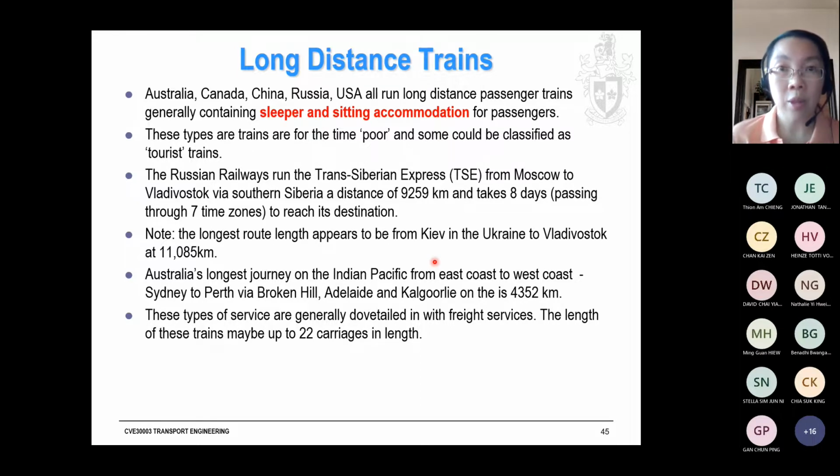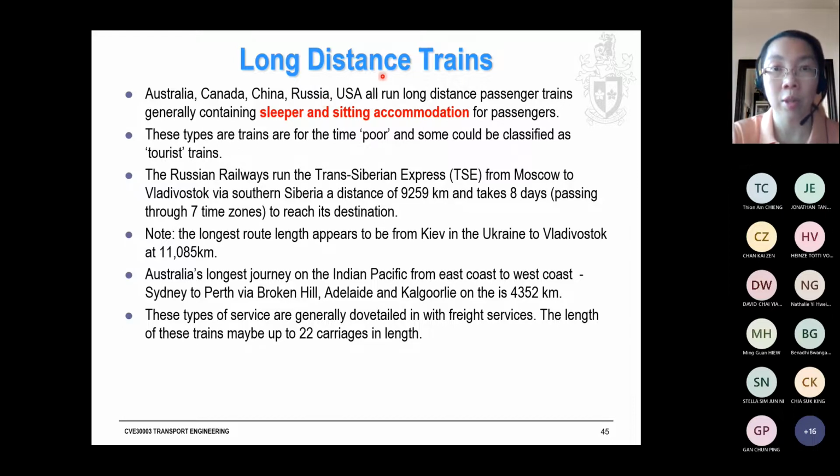And for long distance trains, particularly in these countries, Australia, Canada, China, Russia, USA, what they have in common is the geography of their country is really, really big, really huge. So if you want to travel from one location on the east to the west, it will take you really long, days even.